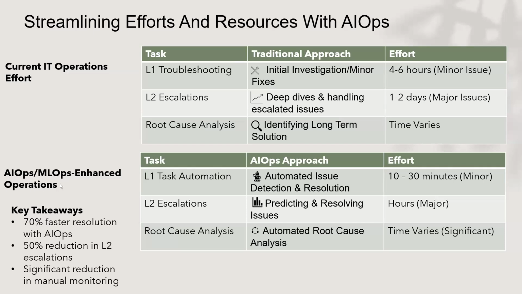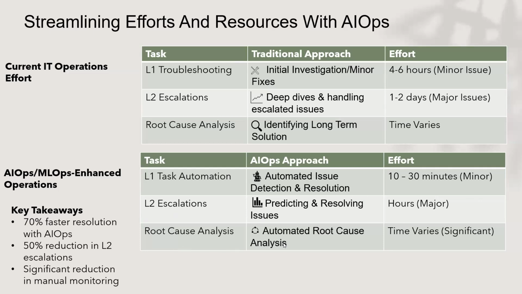AI ops, ML ops, enhanced operations for the same three kinds of issues. L1 task automation, automated issue detection and resolution. 10 to 30 minutes for a minor issue. L2 escalations, predicting and resolving issues. Effort is just a number of hours in training the model.